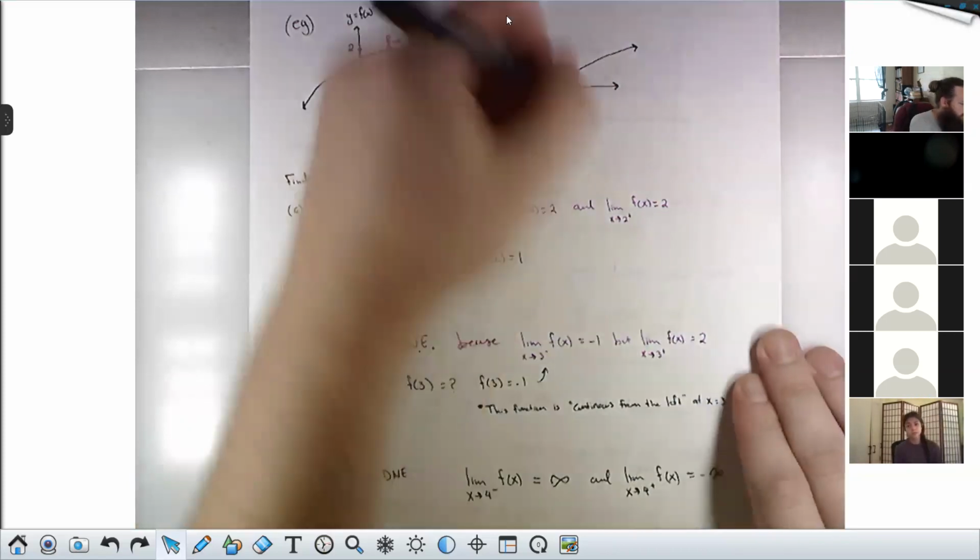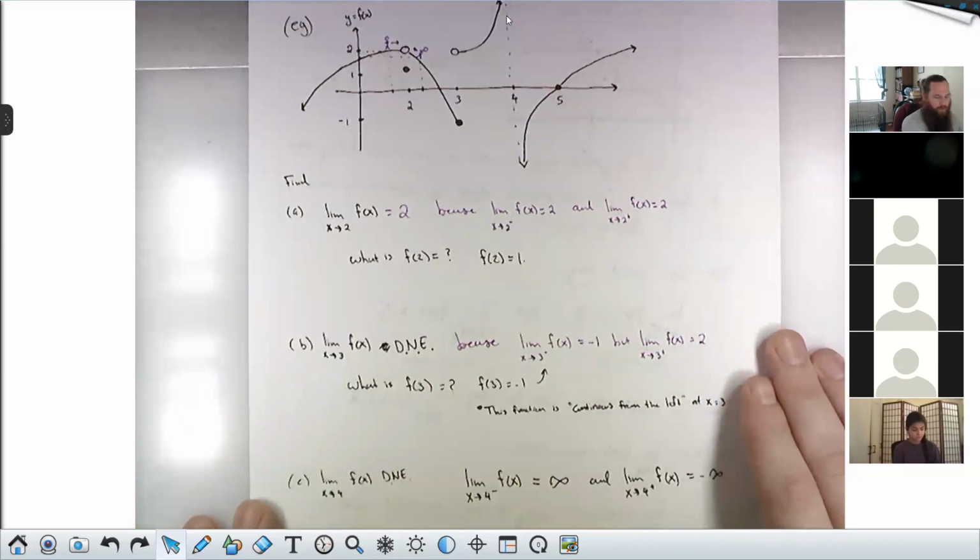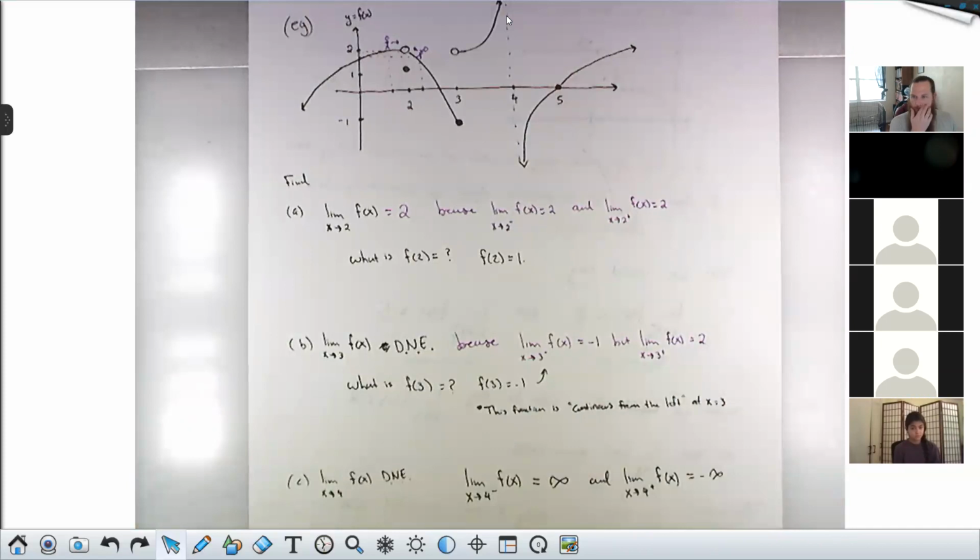The last one I want to look at is what's going on at x equals 5. And I don't quite have room to show the space down here at the same time. So I want somebody who I haven't heard from much today to tell me what's going on at 5. As x approaches 5, what is f of x doing?